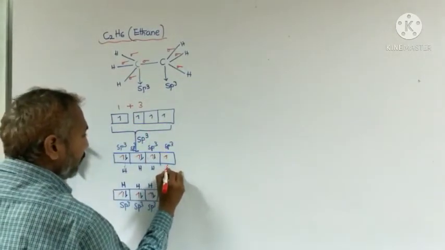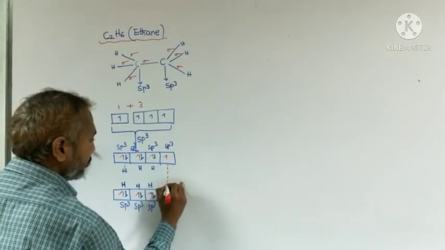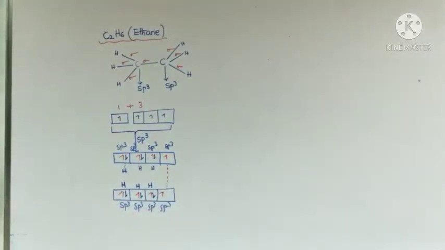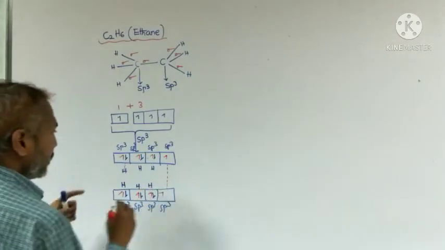The sp3 hybrid orbital overlaps with the sp3 hybrid orbital of the other carbon. This is the sigma bond.